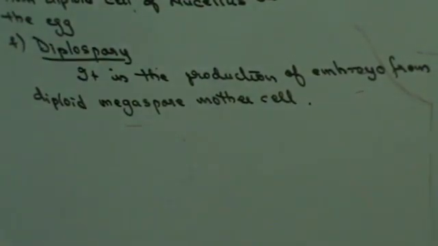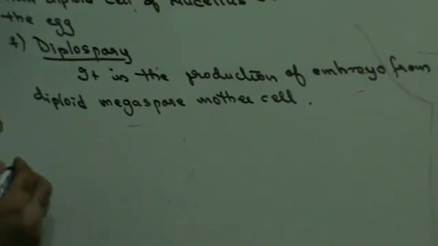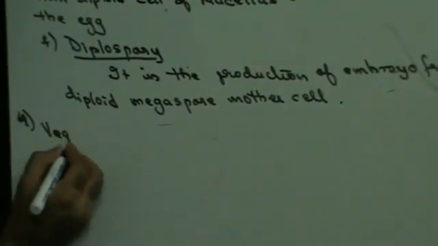Again here, it is not the production from the egg, but from the mother cell. So these are different methods of angiospermy. So here you have an asexual reproduction that takes place without the fusion of gametes. Next, what do we understand by vegetative reproduction?